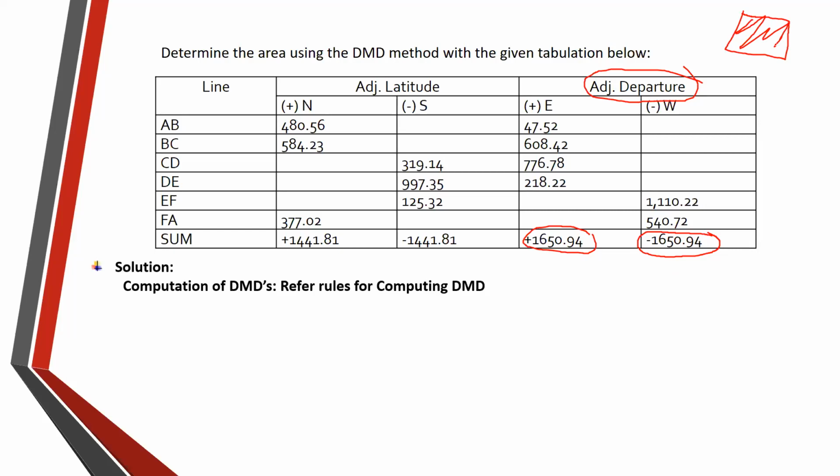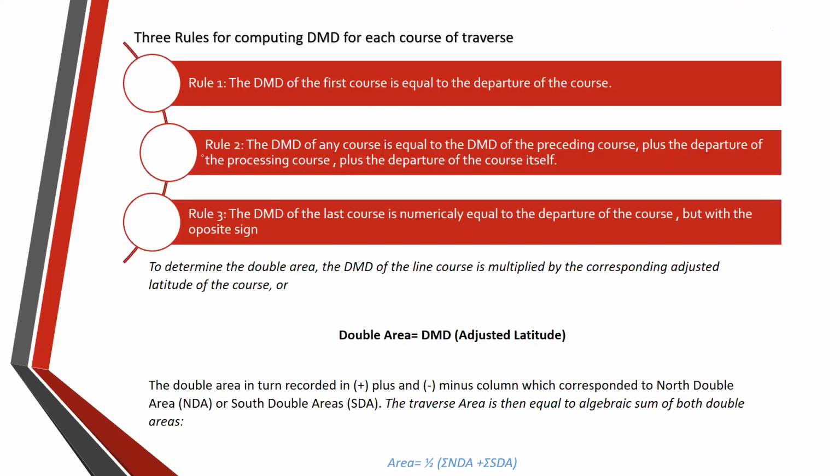Okay? So again, we need to refer to the rules for computing the DMD. What is the DMD of the line AB?